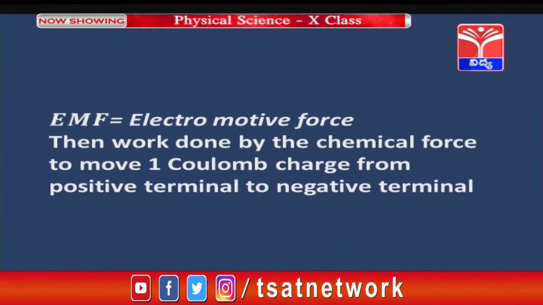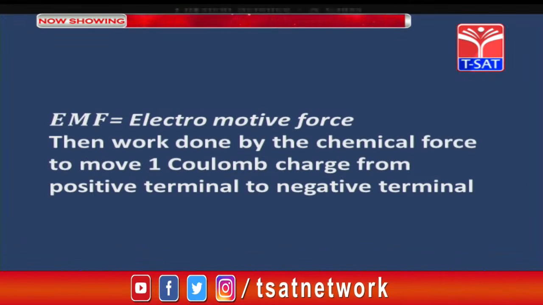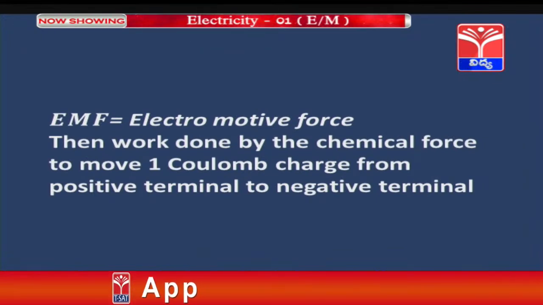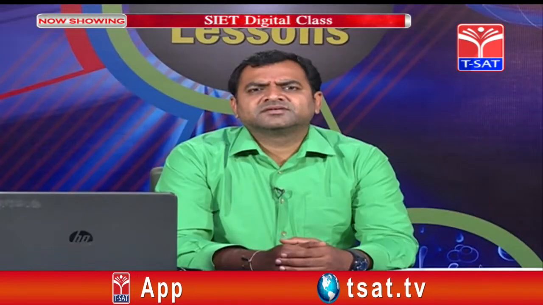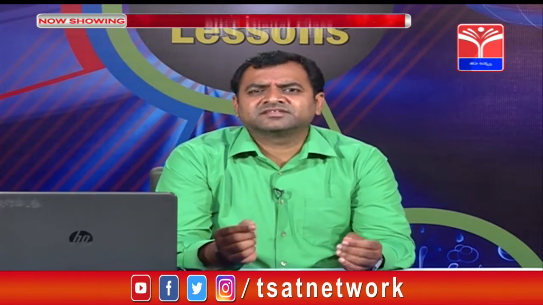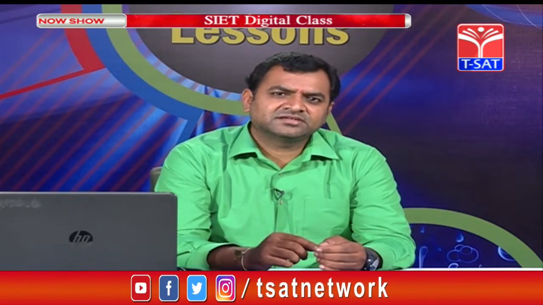Electromotive force is the work done by the chemical force to move 1 coulomb charge from the positive terminal to the negative terminal of the battery. A battery will maintain constant potential difference across its terminals. Because of this, whenever we connect these two terminals by a conductor, the charges start moving in the wire. This constitutes electric current.